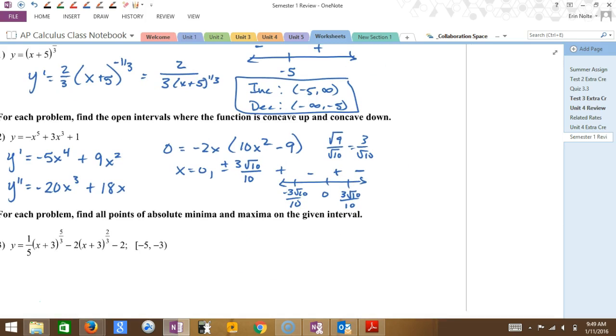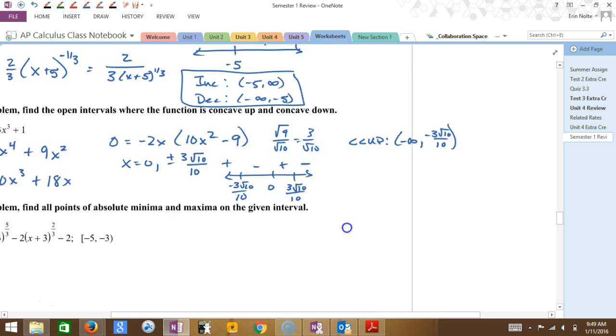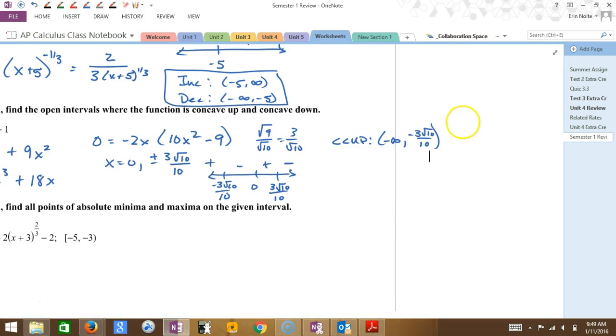So, it is concave up between negative infinity and negative 3 square roots of 10 over 10, and between 0 and 3 square roots of 10 over 10.